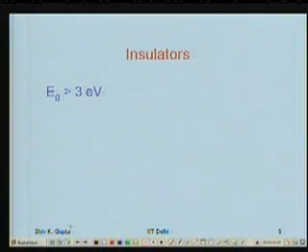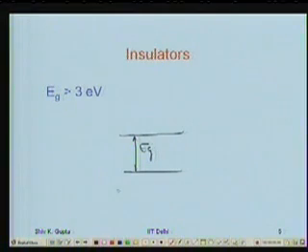Once the band gap is greater than 3 electron volts, these are insulators. By any means it's not possible to excite these electrons. This is again the top of the valence band and the bottom of the conduction band.